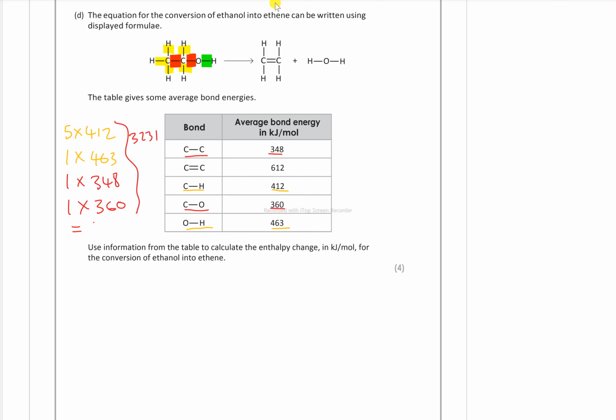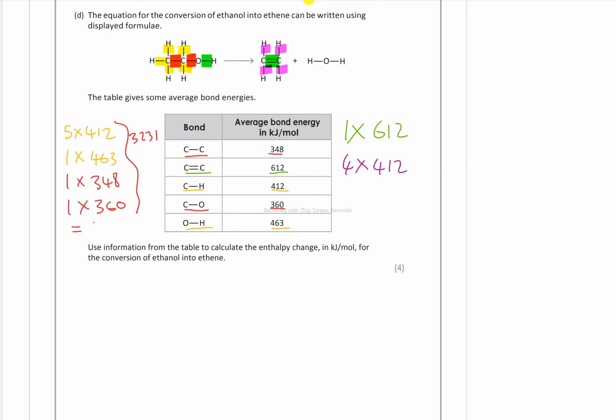There's another way of doing it. I'll try to explain that in a bit. So we've got a carbon to carbon double bond. So it's one of these, which is 612. Then you've got 1, 2, 3, 4 times CH, where CH is 412.